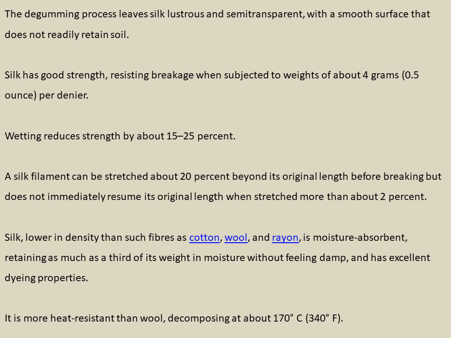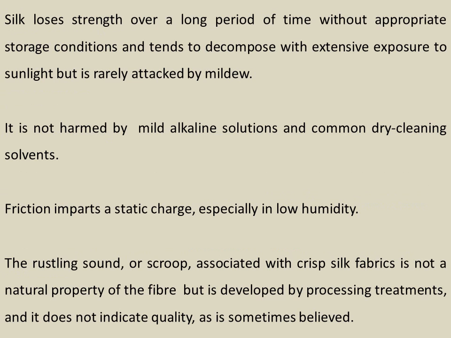Silk is lower in density than such fibers as cotton, wool and rayon. It is moisture absorbent, retaining as much as a third of its weight in moisture without feeling damp, and has excellent dyeing properties. It is more heat resistant than wool, decomposing at about 170 degrees centigrade, that is 340 degrees Fahrenheit.